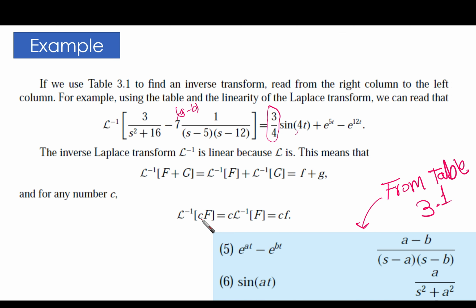Okay, now let's go and have an example and see how we are going to deal with this. If we use table 3.1 to find an inverse transform, read from the right column to the left column. For example, using the table and the linearity of the Laplace transform, we can read that. Look at this.